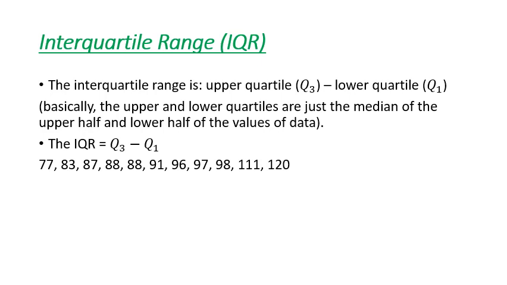Now, you need to have an understanding of what the interquartile range is. The interquartile range is not the biggest score take away the smallest score. That's just your basic range. The interquartile range is actually the upper quartile, or Q3, take away the lower quartile, or Q1. Now, to understand how to work out Q3 and Q1, the upper quartile is essentially the median value, the middle value, of the upper half of the statistics.